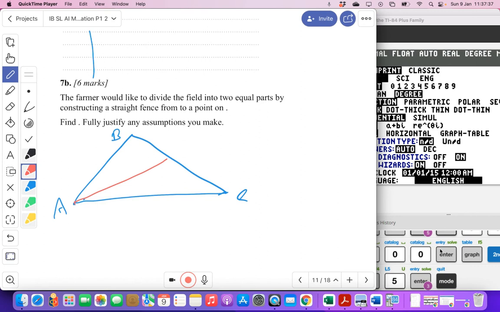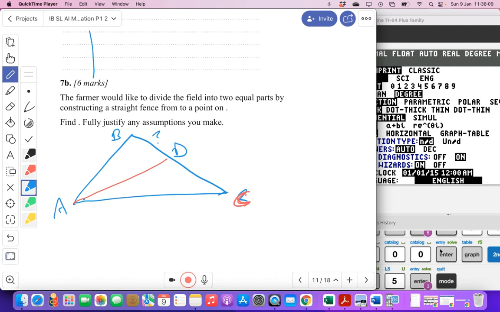We could use the cosine rule and figure out the length of side AC here, and basically split that in half to get our answer, because we want to find the distance AD here. I've got to label that point D. Okay, so this is the question, what is that distance there? So that was one way of doing it.